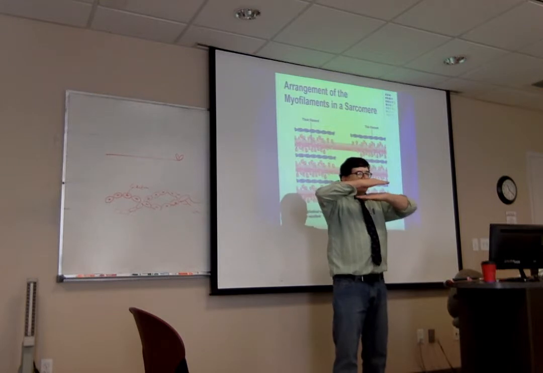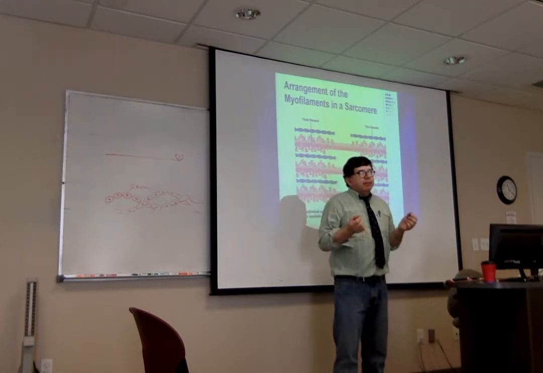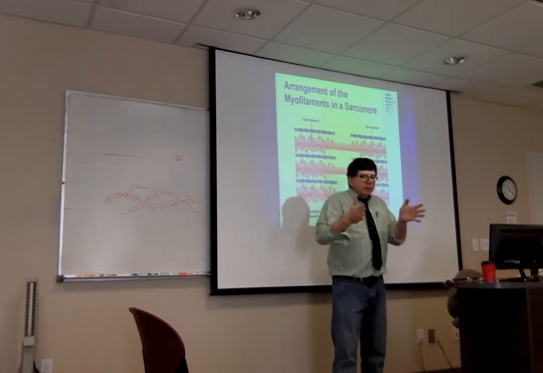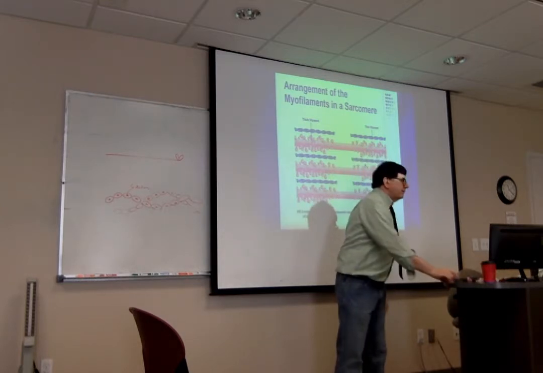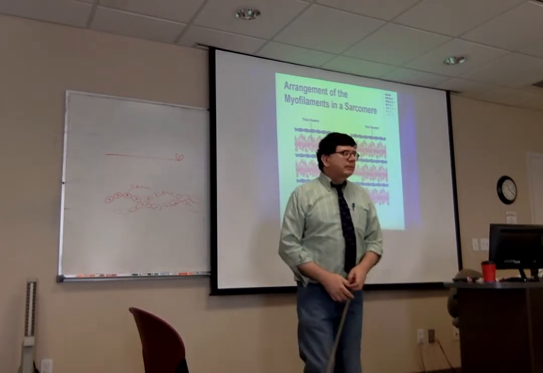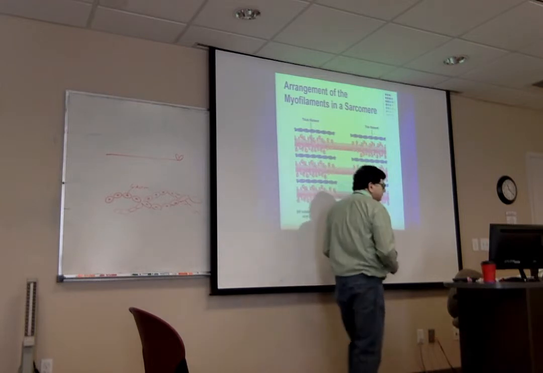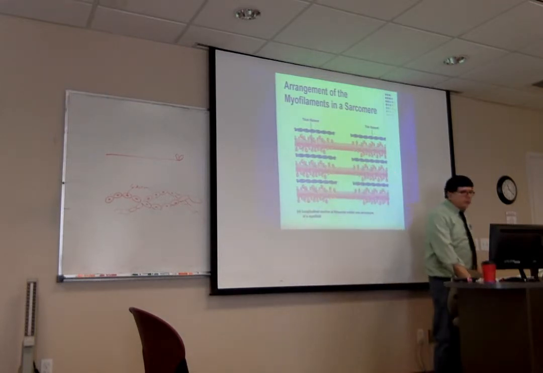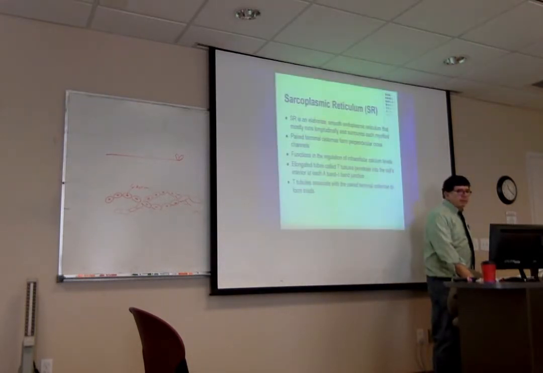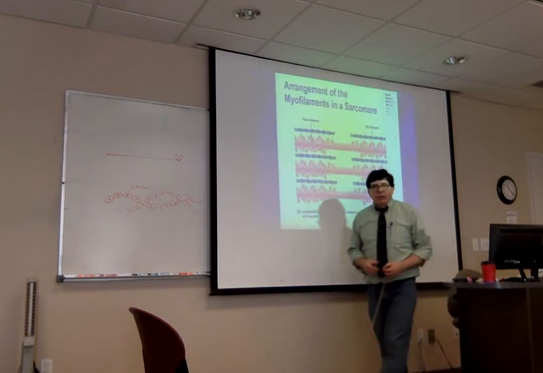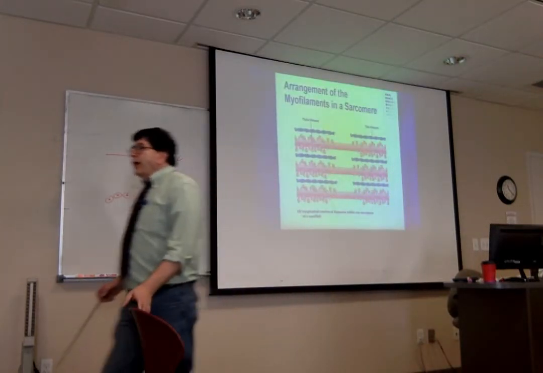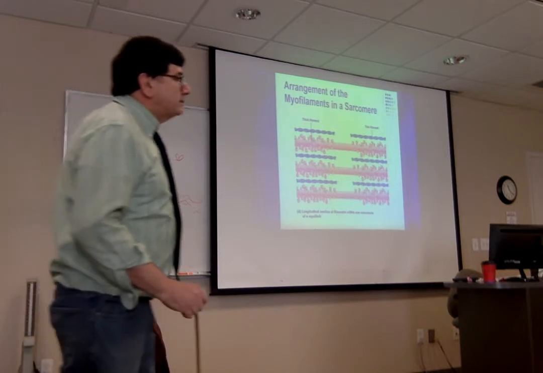And as they overlap to a greater extent, the muscle contracts. The sarcomeres get shorter. Does that make sense? This is called the sliding filament theory of muscle contraction. Very important.